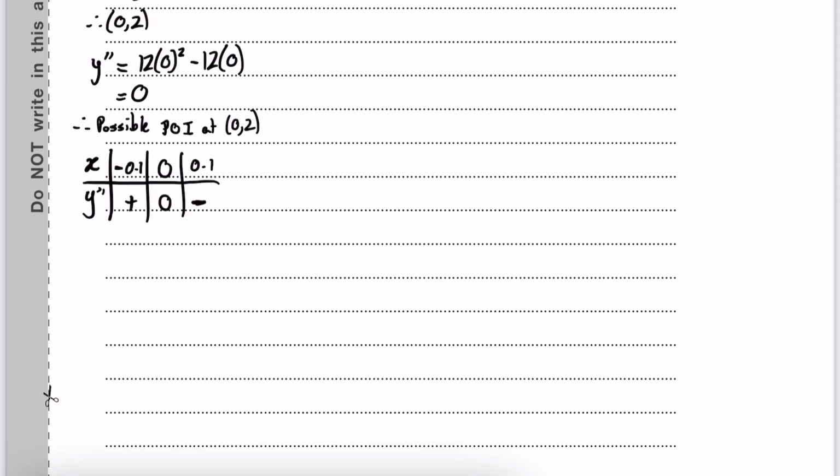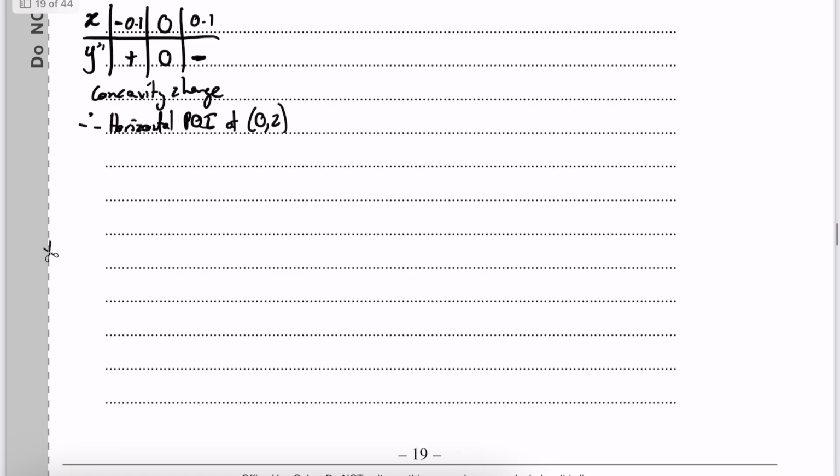And because there's this change in concavity, therefore we have a point of inflection at 0, 2. However, it's also a stationary point, which means we have a horizontal point of inflection at 0, 2. Cool. Now, once that's done, we then test the next stationary point.